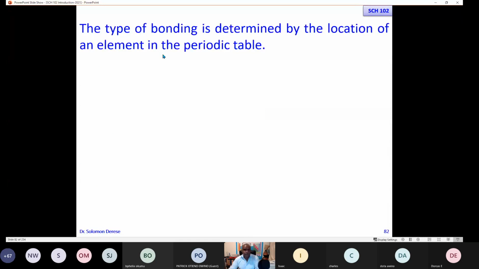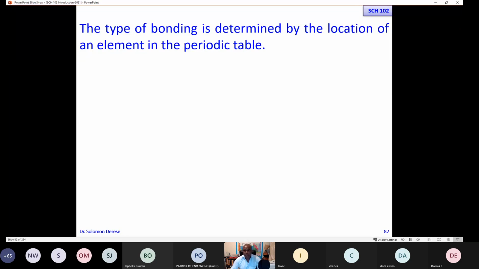So whether we are going to have covalent bonding or ionic bonding between two atoms is determined by the location of the elements in the periodic table. For example, we know sodium chloride is an ionic compound. The bond between the sodium and the chlorine atoms is ionic bonding.